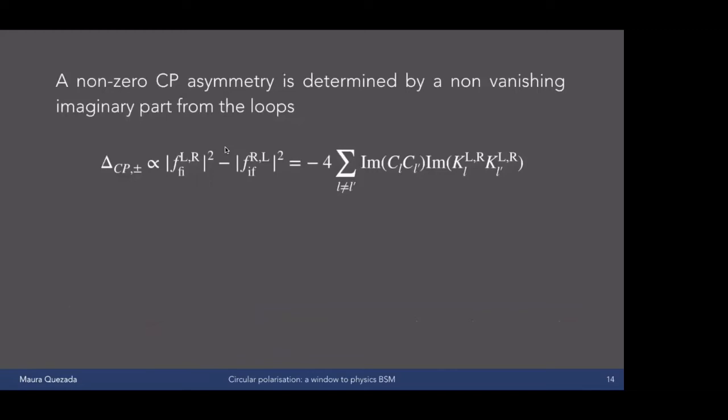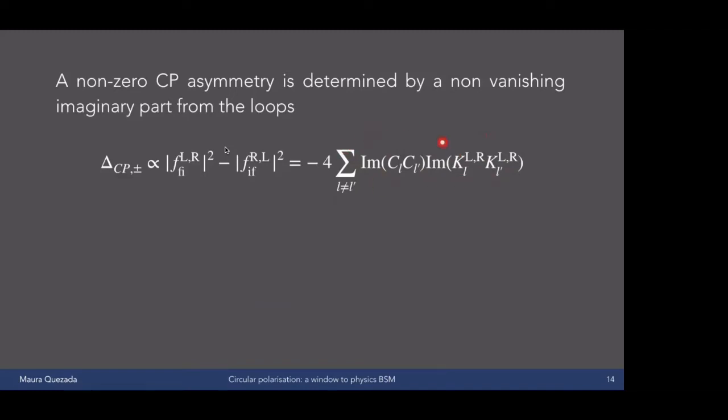Now, if we explore a little bit more these factors, still without saying anything about the model itself, but just saying that we have different loops in these decays, what we require is that when we parameterize these loops in this way, where this is just the cofactors that come in these loops, and this is purely coming from the loop integrals, we see that we require an imaginary part.